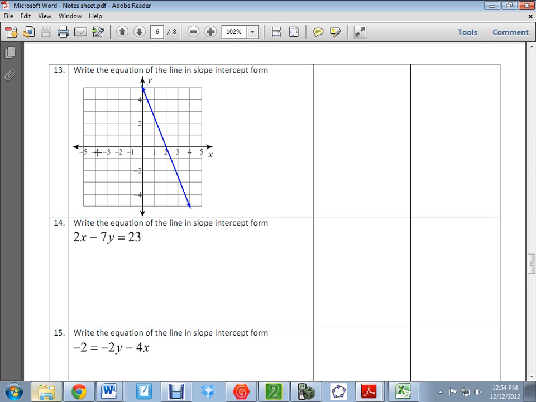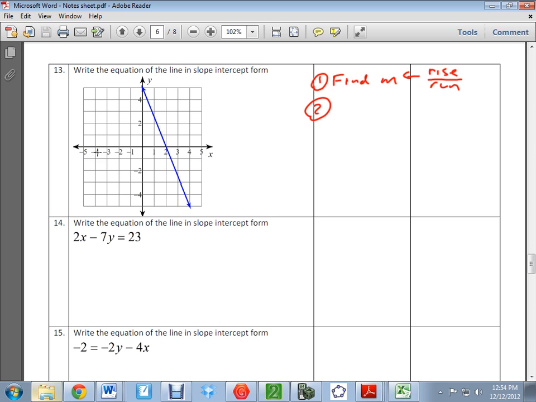Number 13, this is the section that we've been working on for a while. This is writing the equation of lines in slope-intercept form. I need to know two things whenever I write an equation of lines. What two things do I need to know? Find the slope, which is what over what? Rise over run.